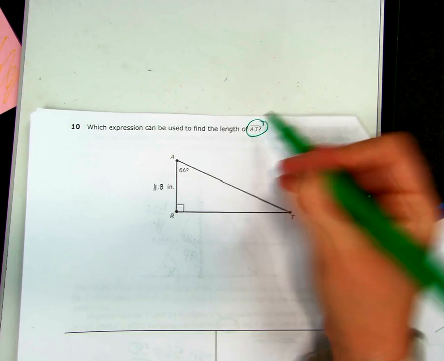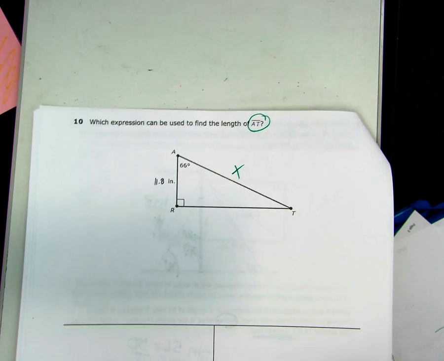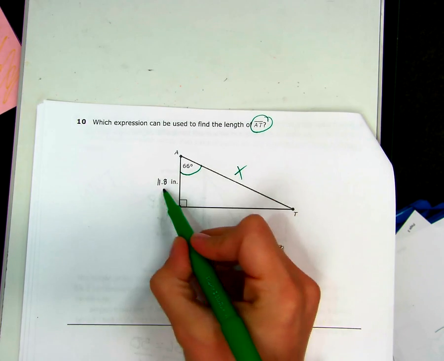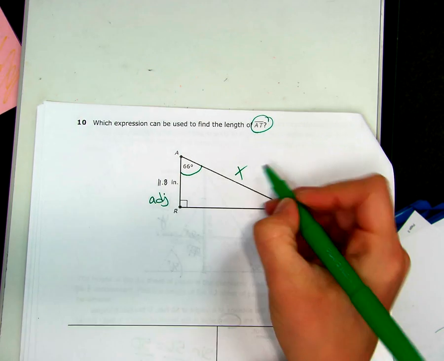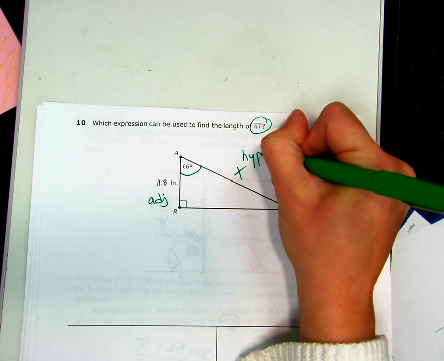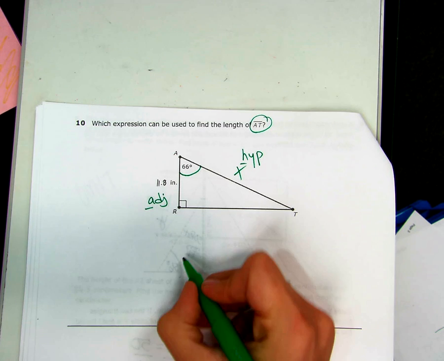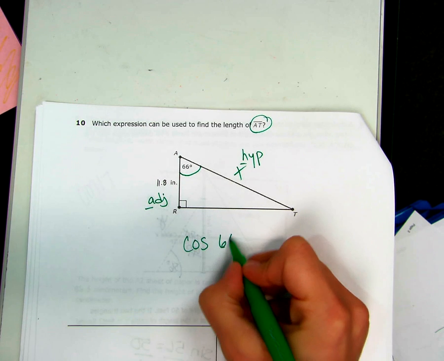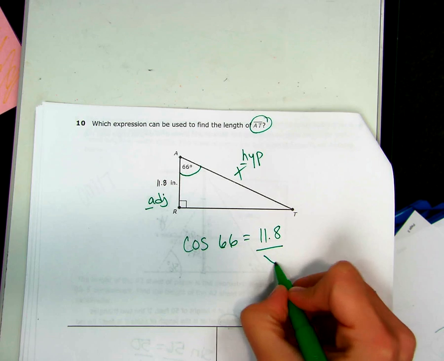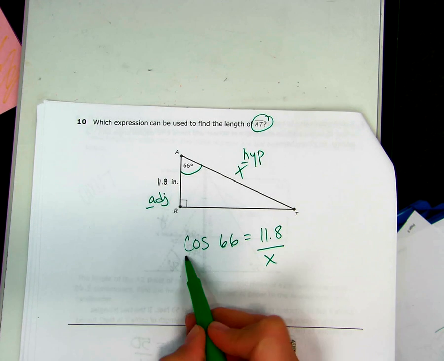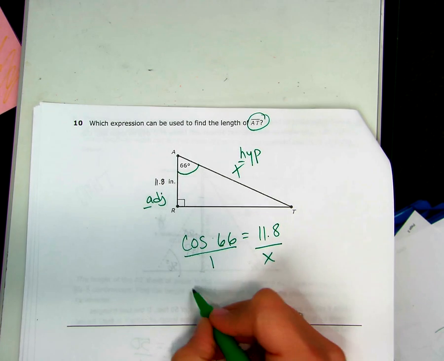Number 10, it says find AT, so that'd be this side. So compared to this angle, the 11.8 is the adjacent, and the x is the hypotenuse. So when I have A and H, that tells me to do cosine. This is where we're going to do our cross products again.